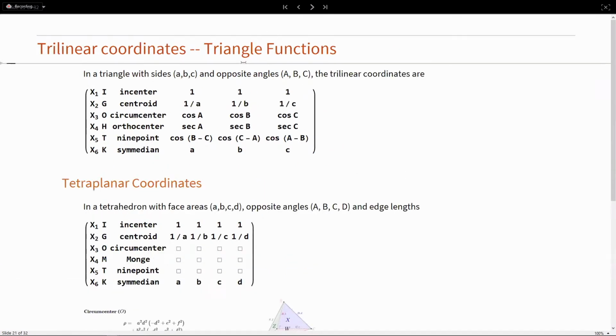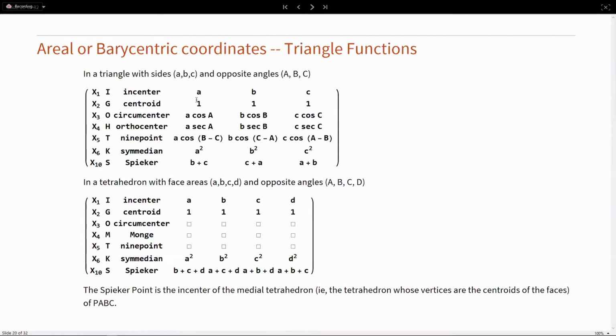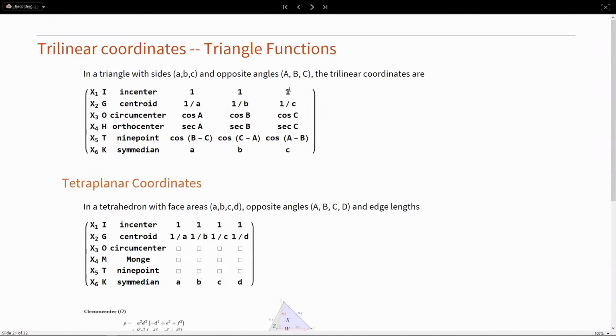The trilinear coordinates is basically the same as the barycentric coordinates, but we just divide by the edge lengths of the sides. So basically, here we have ABC. If we divide ABC by ABC, we get 1, 1, 1. If we just divide 1, 1, 1 by ABC, we get 1/A, 1/B, 1/C.